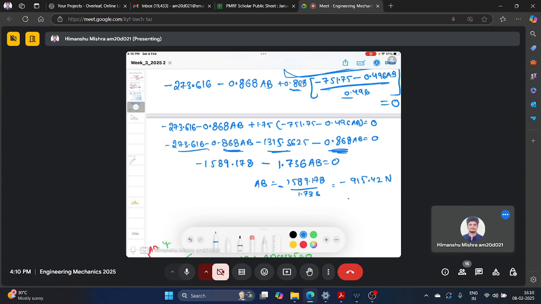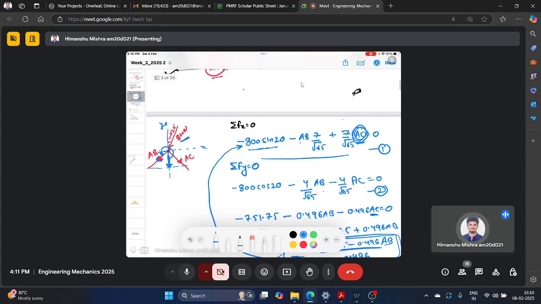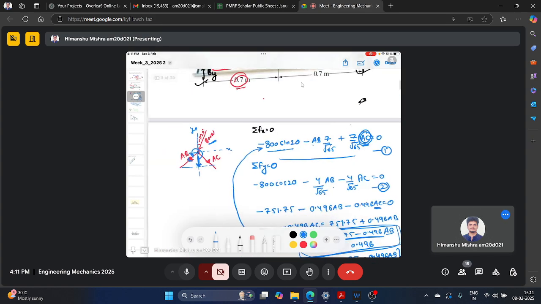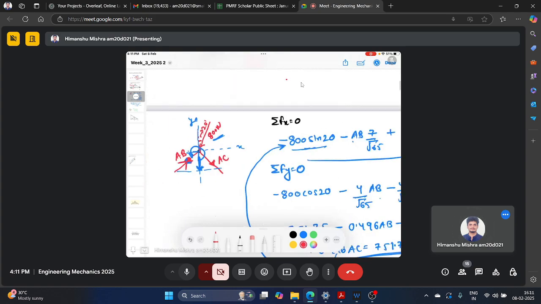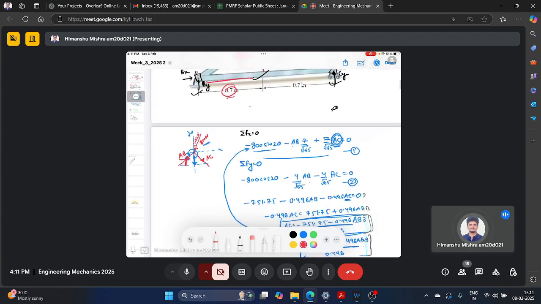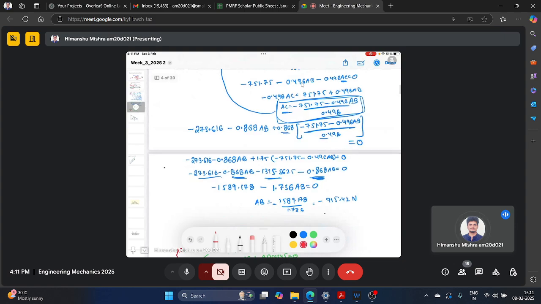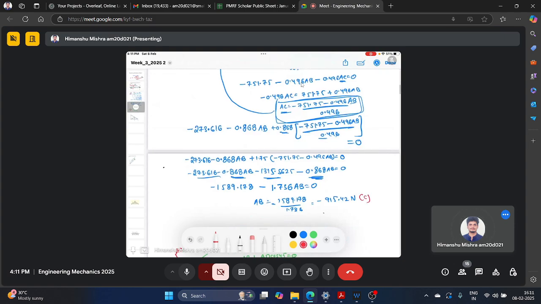So this will be minus 915.42 Newton. So we got AB in minus, so our assumed direction is wrong. It should be towards the joint, which is compressive force. So this is compressive force.